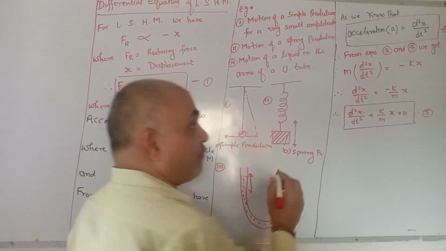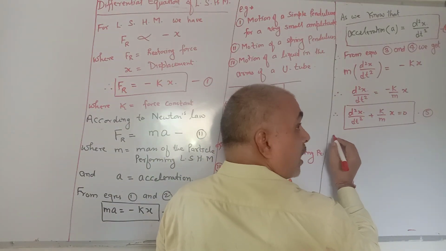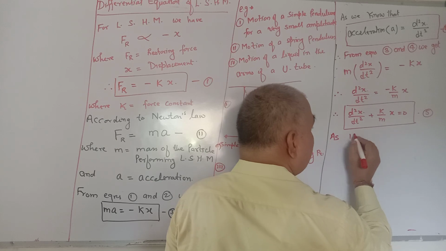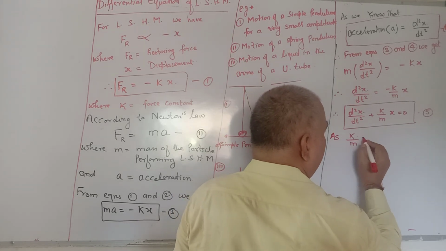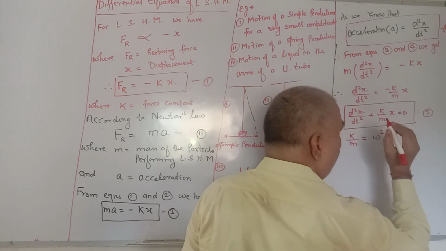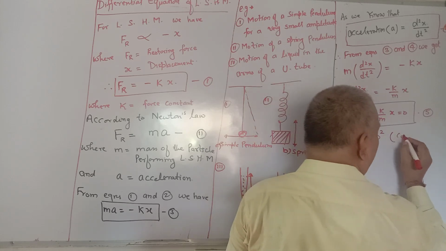In equation number 5, this constant k upon m is taken as omega square. It is constant.